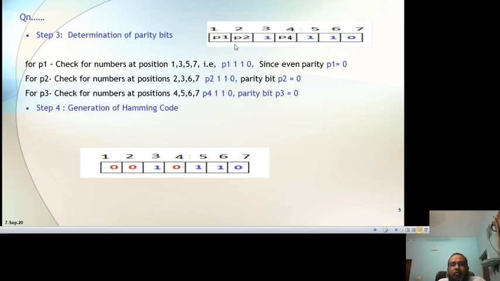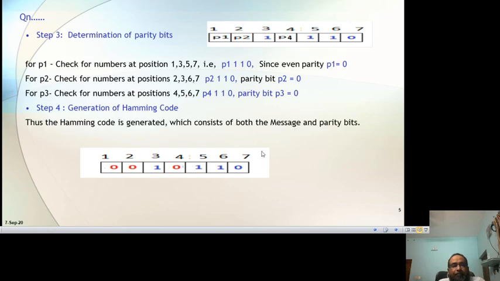Now we have got all these things, so fill in all the parity bits along with the message. All the parity bits are 0: this is P1, this is P2, this is P4, all are 0, and the message remains as such. The total 7-bit message is the Hamming code, or encoded Hamming message.